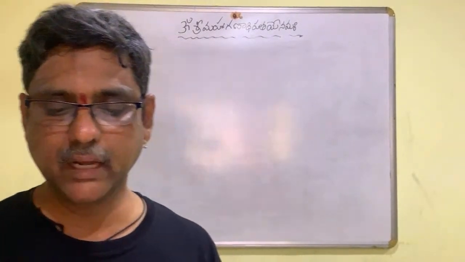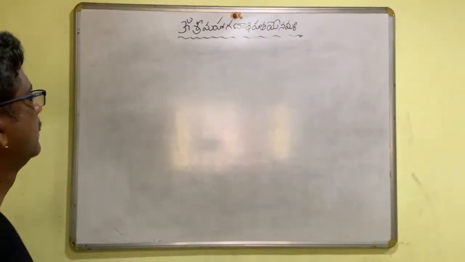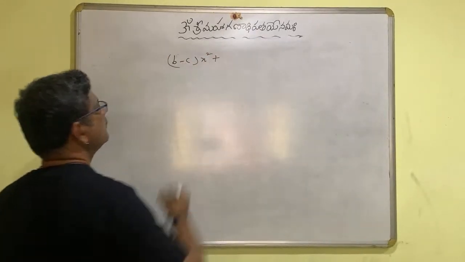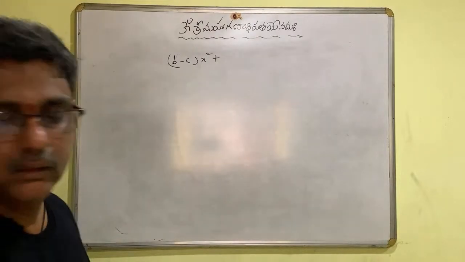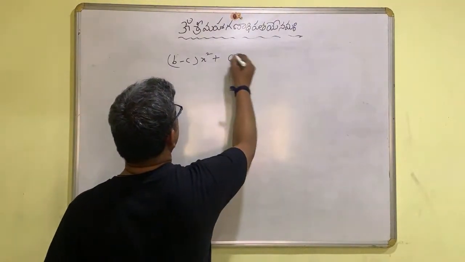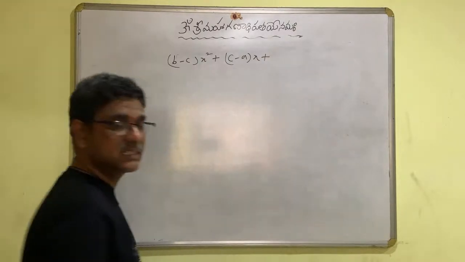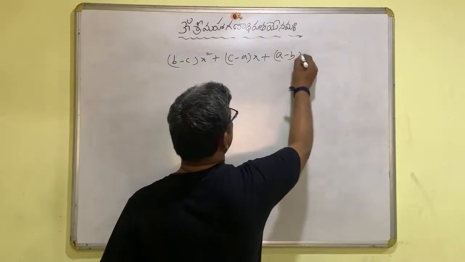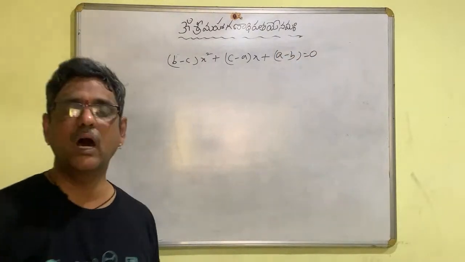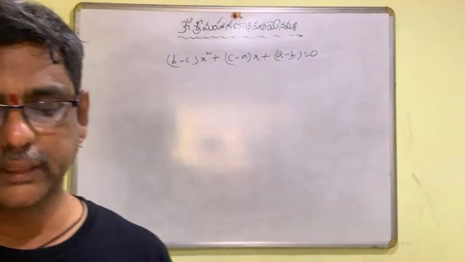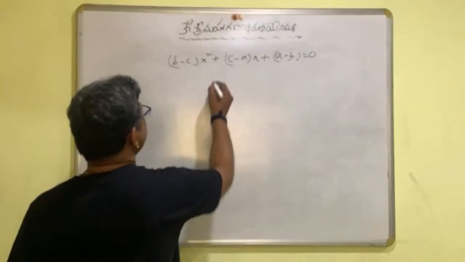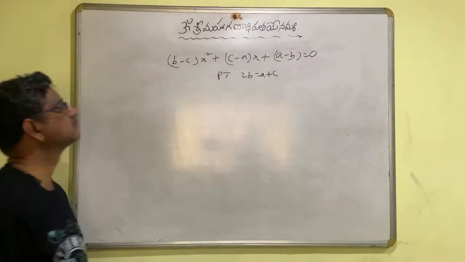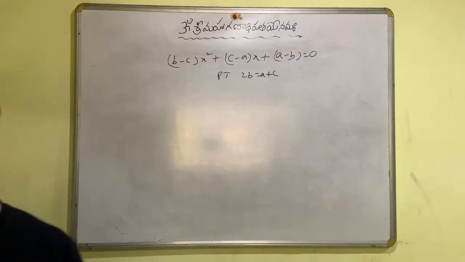Yes, if the roots of the equation b minus c into x square plus c minus a into x plus a minus b is equal to 0 are equal, then prove that 2b is equal to a plus c. This is the question.